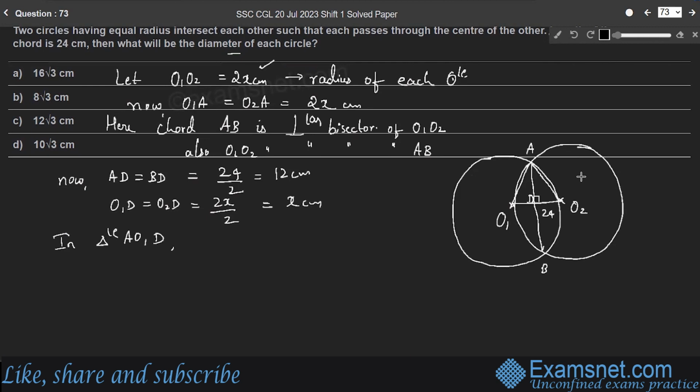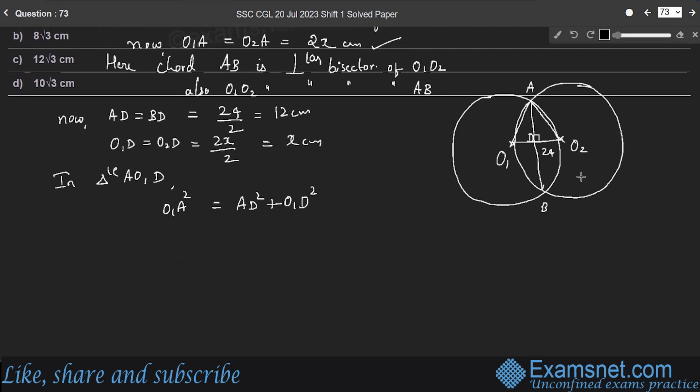Apply the Pythagoras theorem. So O1A square is equal to AD square plus O1D square. O1A is again radius of the circle, which is 2x centimeter, so 2x the whole square is equal to AD, 12 centimeter square, half of the chord, plus O1D square, x square. So 4x square is 12 square, which is 144, plus x square.